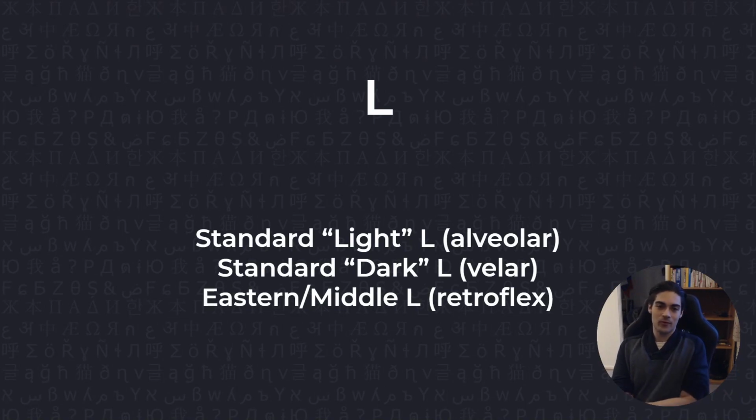I said before that we have two L's in Norwegian. We have L and we have L. There is actually a third one as well, which is a retroflex L. And this one is used in Eastern dialects and Middle Norwegian or Trønder dialects. And this is the same sound that we just talked about, this re.